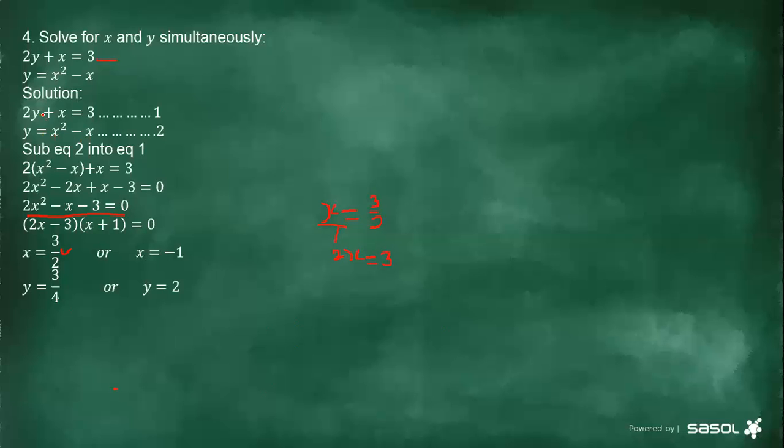Because the first equation, you'll have to transpose and divide before you can get the value of y, and sometimes you end up making mistakes in the process of dividing or transposing. When you substitute x as 3 over 2, you're going to get 3 over 4. When you substitute x as -1, the value of y equals 2.